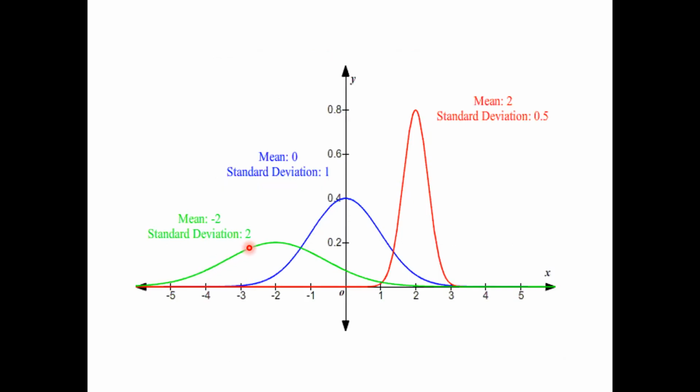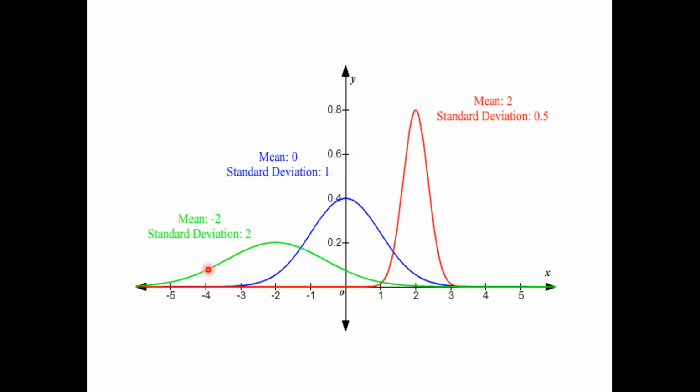Look at this. There are three normal distributions. There's the one in green. You can see it is very flat. So we call this platykurtic. And this is very peaked. It is called leptokurtic. And this one is in between.